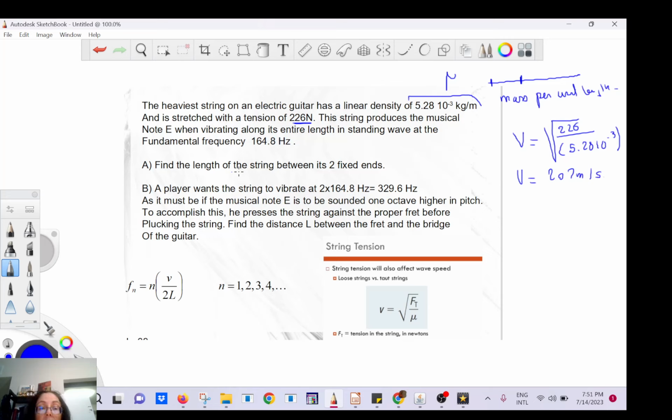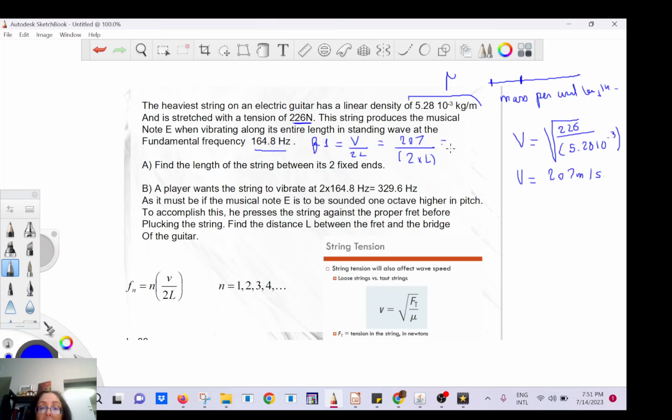Now find the string between two fixed ends where the fundamental is given. That's going to be f sub 1 equals the speed over 2L, and the speed you just found was 207, divided by 2L, where L is the unknown.